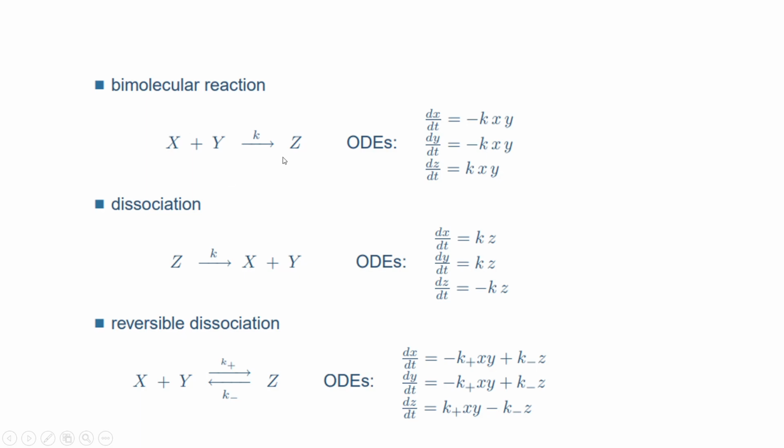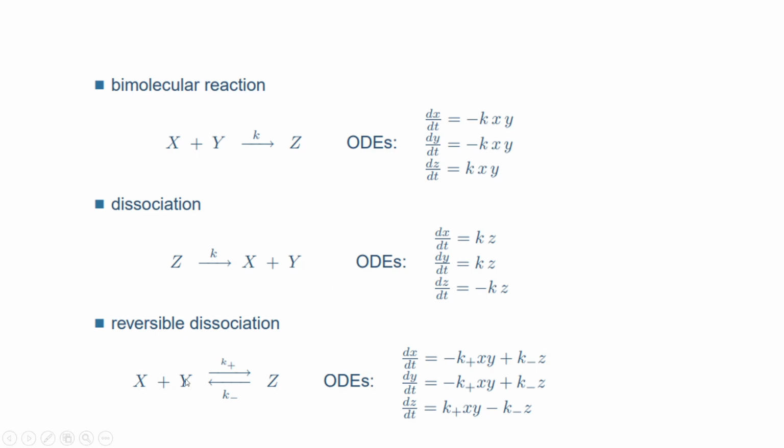It depends on how both of them are degrading, and the same for dy/dt. In the case of dz/dt, it will be positive because z is getting produced while x and y are getting degraded. So you have to keep these signs in mind while looking at these differential equations, since they signify whether something is getting produced or degraded.